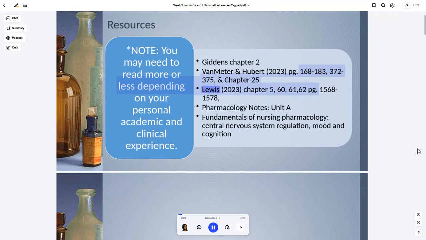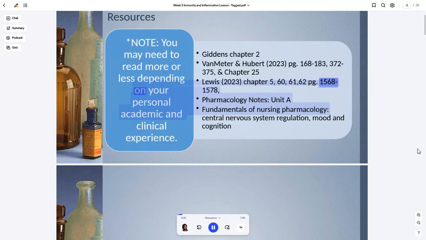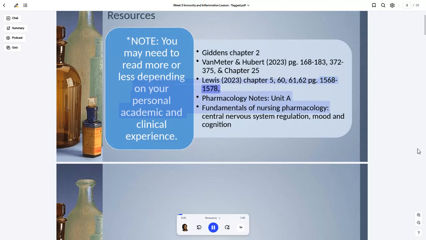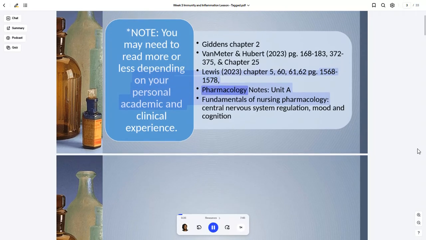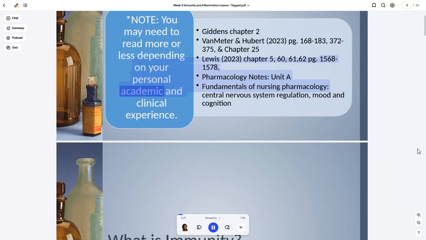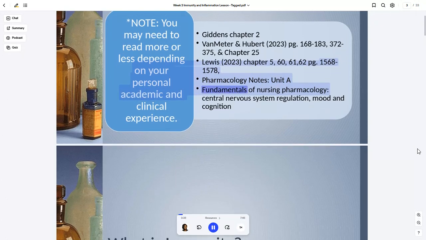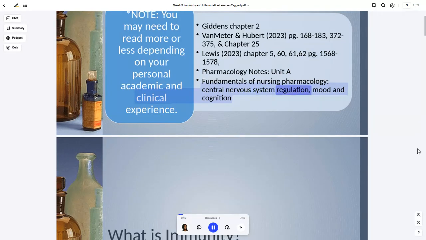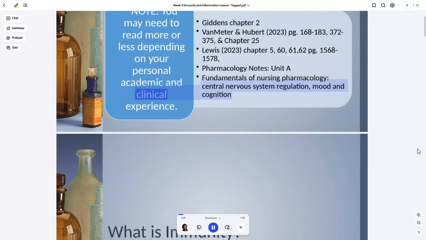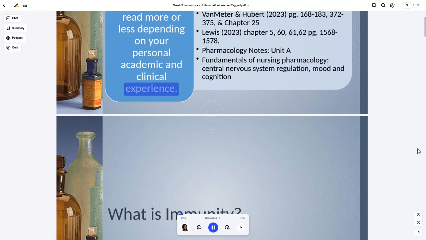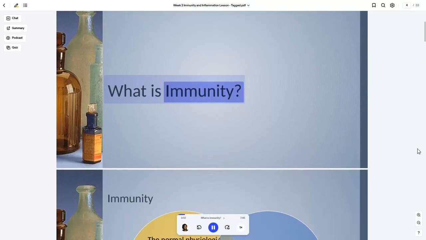Lewis 2023, Chapter 5, 60, 61. Personal and Pharmacology Notes, Unit A, Fundamentals of Nursing Pharmacology, Central Nervous System Regulation, Mood and Cognition. What is immunity?